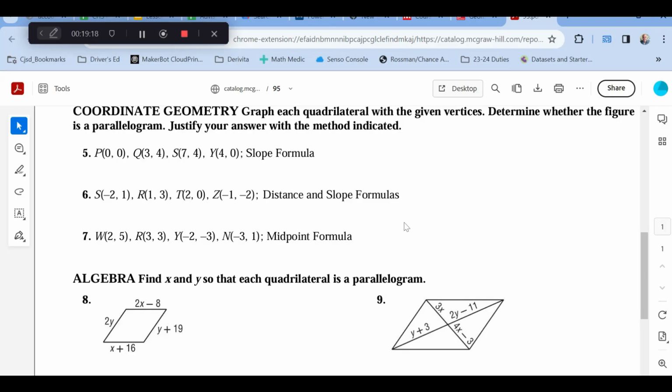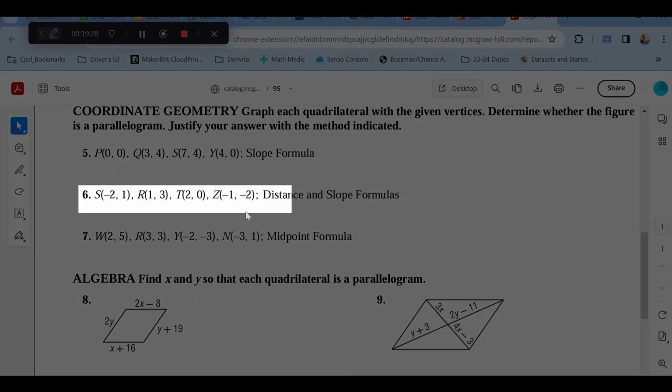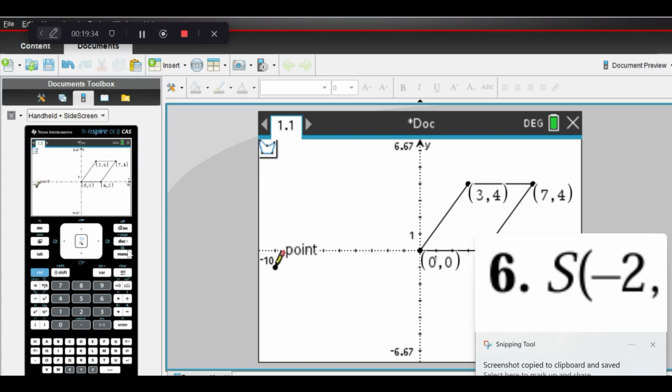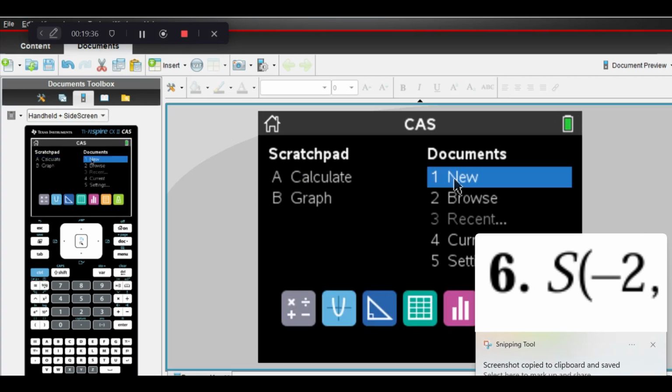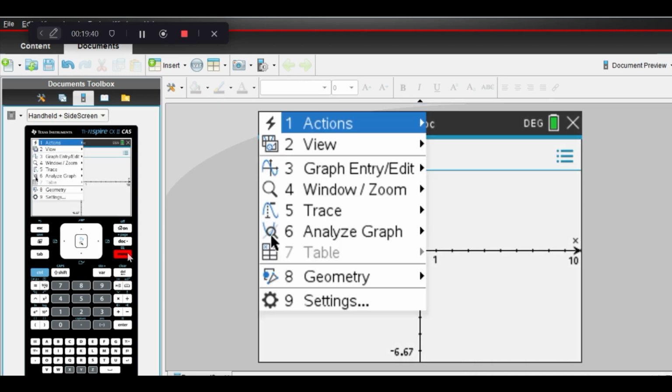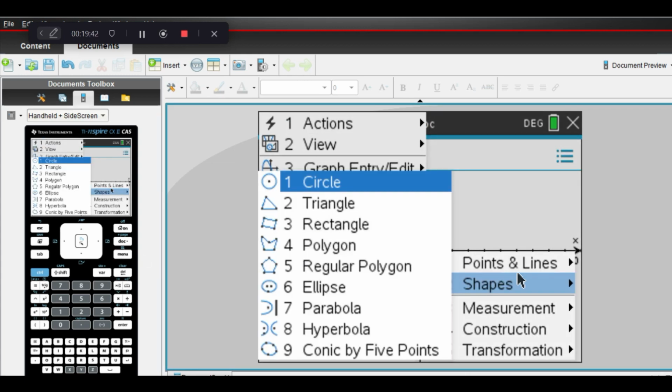If you're following along, you'll have this all done and you won't have to do it anymore. Here we're going to use the distance and slope formulas. I'm going to get a new document going with the graph page and put in some points. I like to see them.